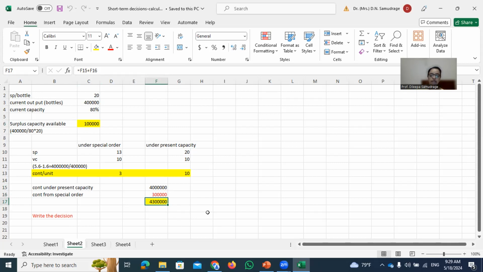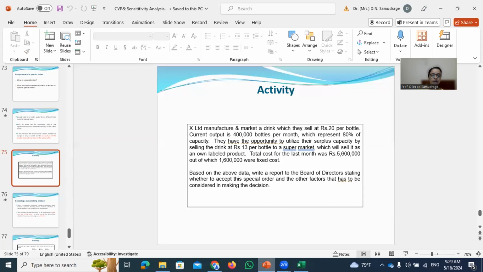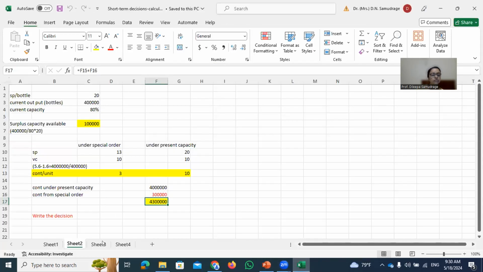But in the question, there is another part, right? So what are the other factors that have to be considered in making the decision, right? So that is important. So the first thing is, as one student mentioned, they are going to sell the product using their name, right? The supermarket sells our product using the supermarket's name. So there is a question about our goodwill. What will happen to our goodwill?